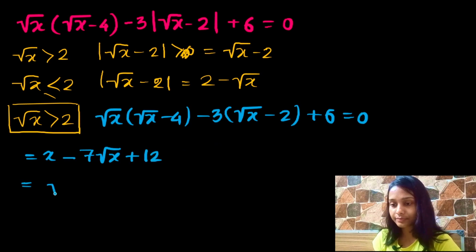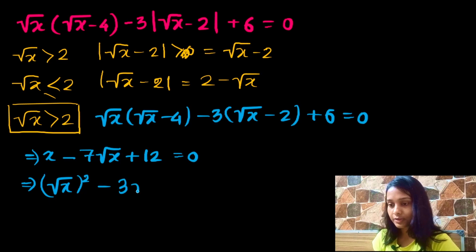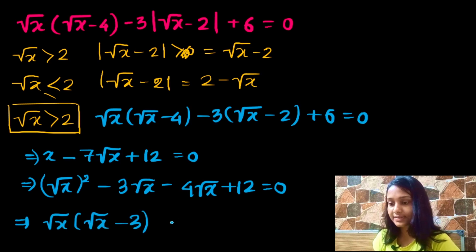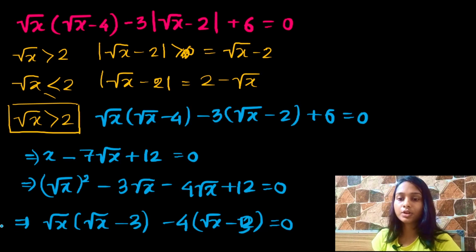So if we factorize it, we can write it as x minus 3 root x minus 4 root x plus 12 equals 0. By taking root x common here, we obtain root x minus 3, and by taking minus 4 common, we obtain this.